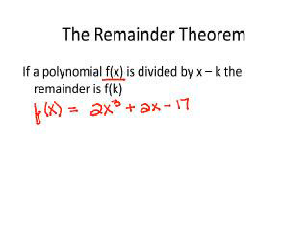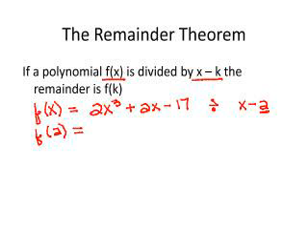Okay, and then we are going to divide it by something of this form, x minus k, so let's go x minus 2, so that means our k is 2. It says the remainder is f of k. So this is k, so the remainder is f of k.